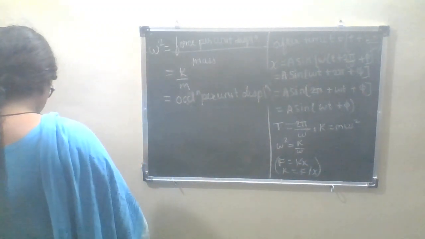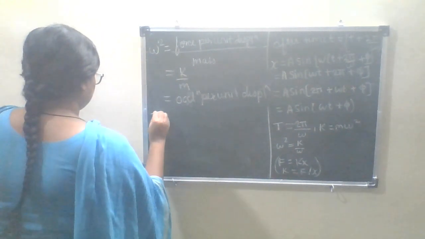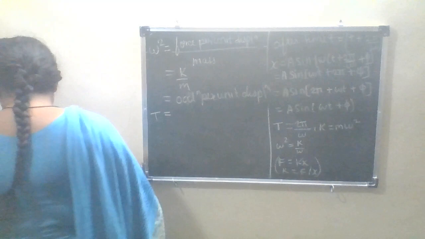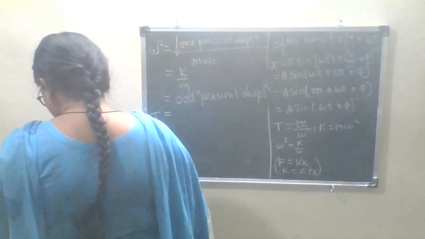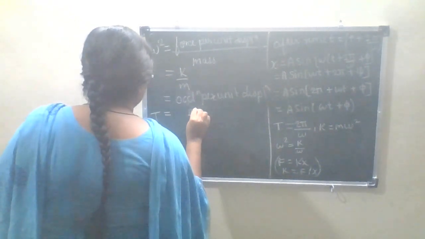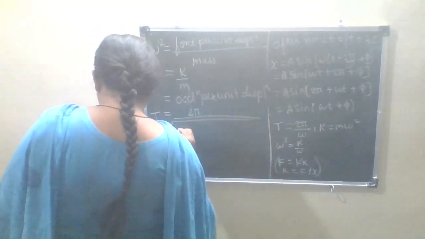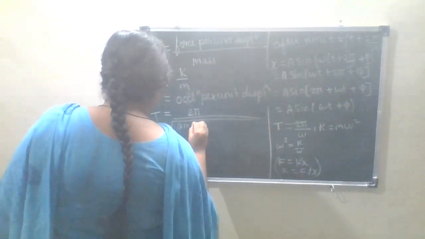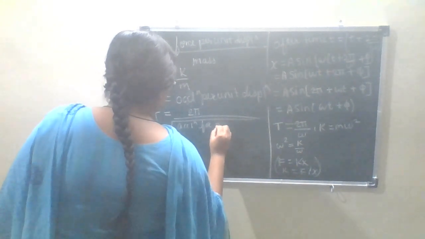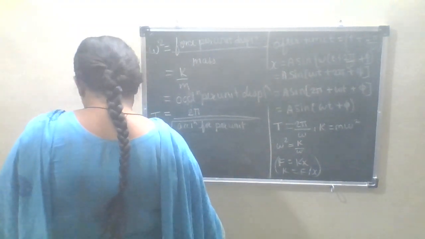Then we have to find the time period T, which is equal to 2 pi upon acceleration per unit displacement.